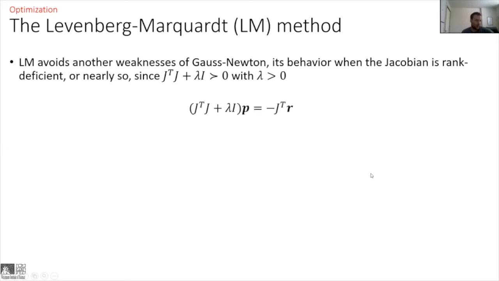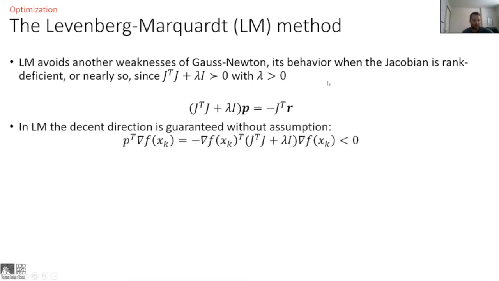So as we mentioned, in this case we don't have to assume that J transpose J is strictly positive definite, because if we add a lambda larger than 0 here, it guarantees that this matrix is strictly positive definite.